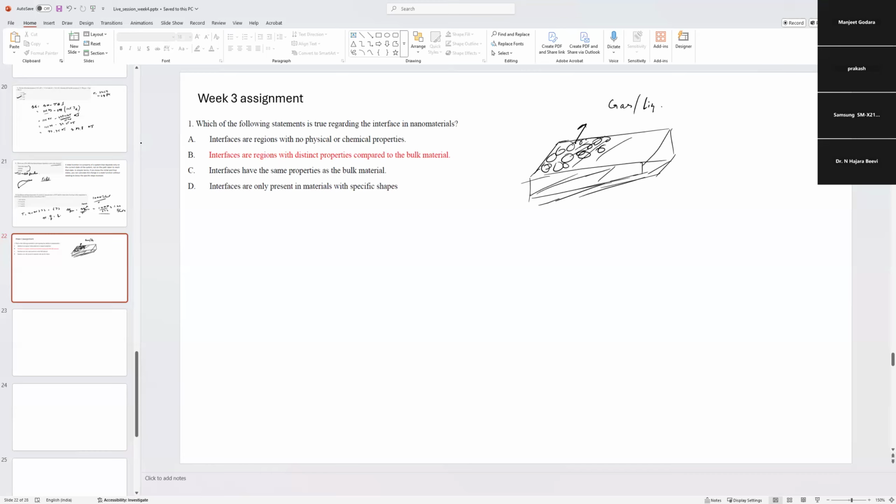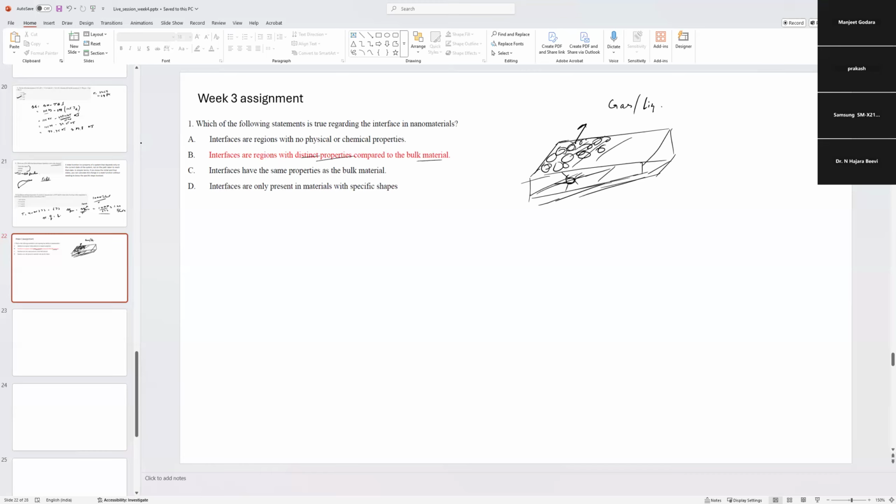Comparing it to bulk, where the atoms are sitting happily with coordination complete, the atoms sitting on the surface have incomplete coordination. Their properties are different from the bulk.